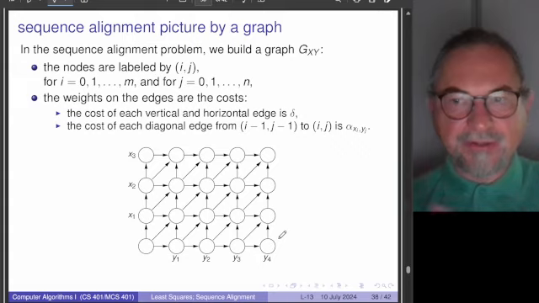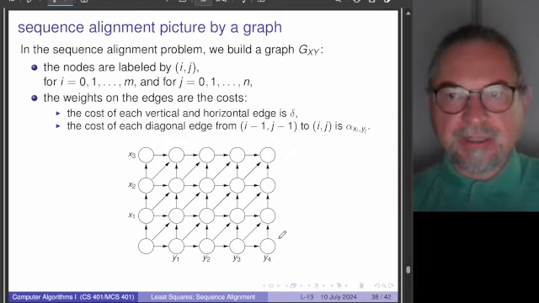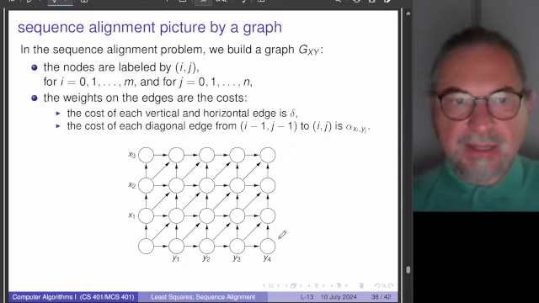So at the ijth, we will store at the nodes the costs. And how do we arrive there? Well, every edge has a cost, the horizontal edges and the vertical edges.